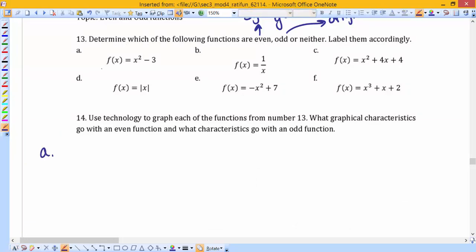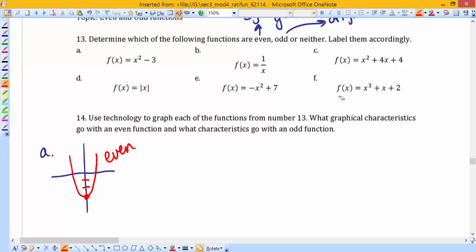For example, if I graph A, I know that that is a parabola because it's x squared, and because it's minus 3, it's down here at negative 3, and it opens up. Based on this graph, I know that this is an even function because it is symmetric to the y-axis. But if you look at C, you are going to see a quadratic. It will also be a parabola, but it may or may not be even.